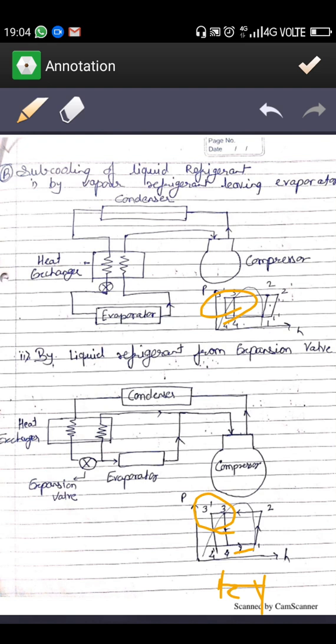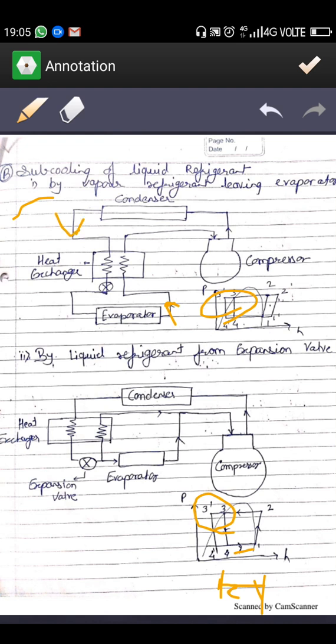So there are two methods. The first is by using the vapor refrigerant leaving the evaporator. Here, the refrigerant vapor leaving the evaporator has a temperature lower than the liquid leaving the condenser.